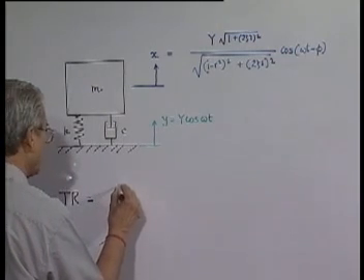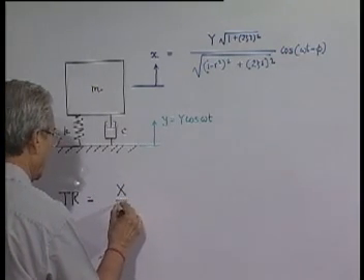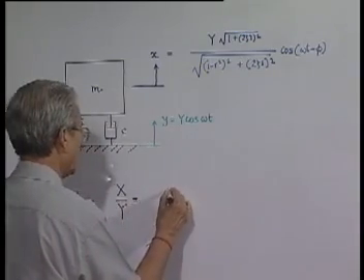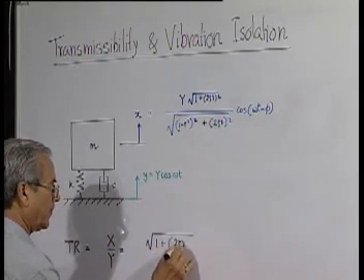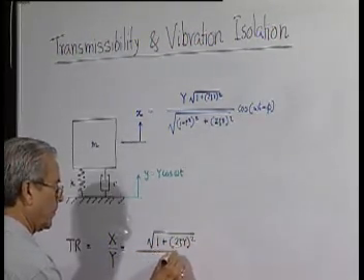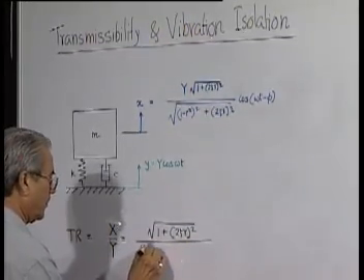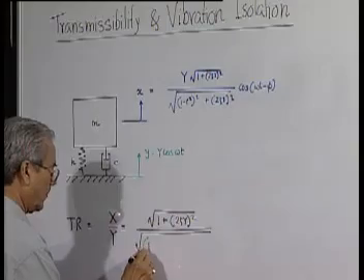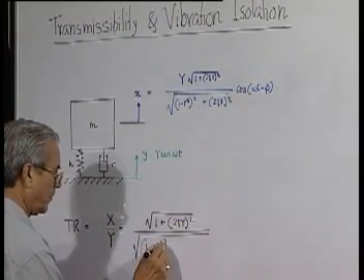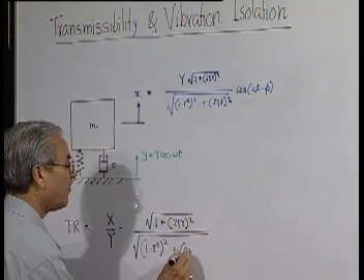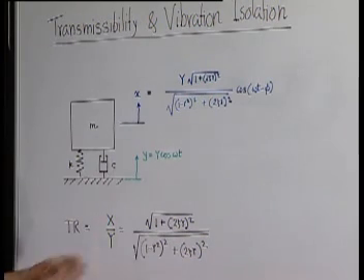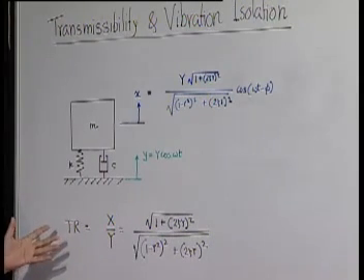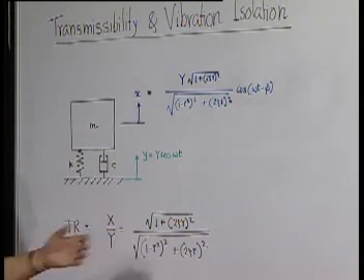This is the displacement transmissibility, that is x by y. We have already seen this and also plotted this. What we were plotting earlier is actually defined as the transmissibility.